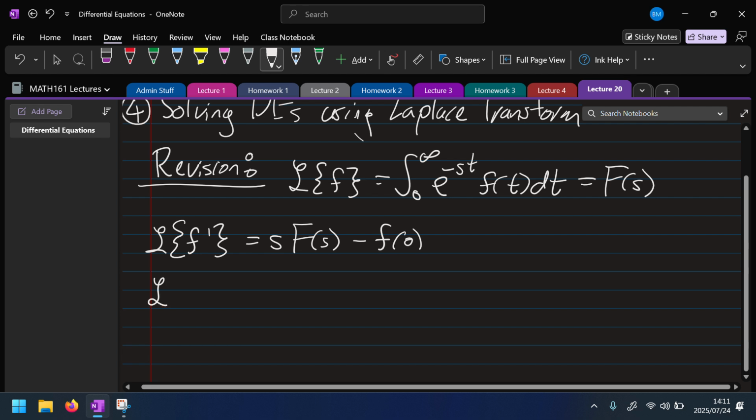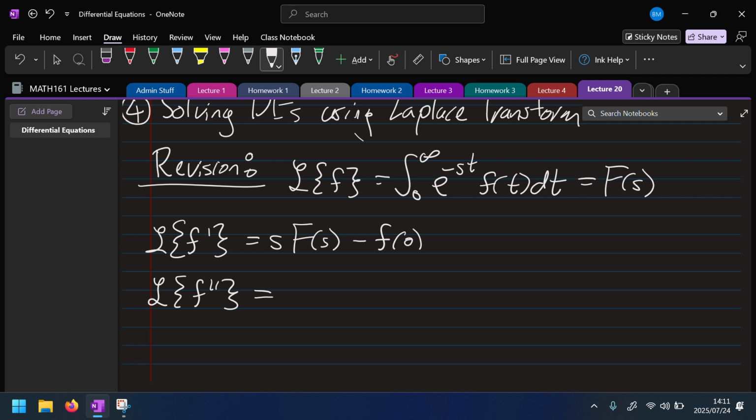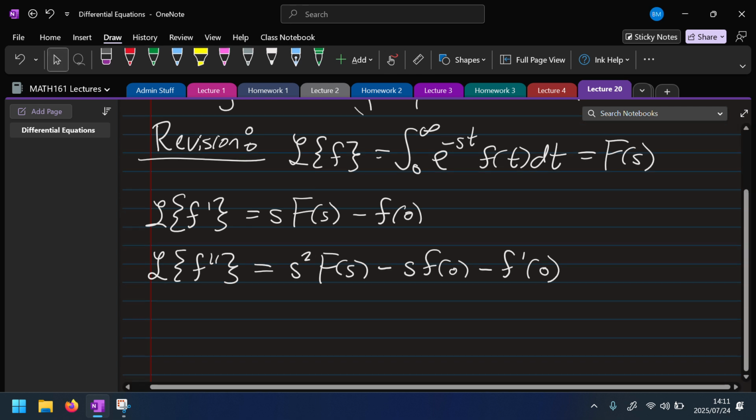And then similarly, we can have the Laplace transform of f double prime. So here you just do the integration by parts twice, so very similar to the first one. This is going to be s squared F of s minus s times little f at 0 minus f prime at 0. Okay, so that was the second property.